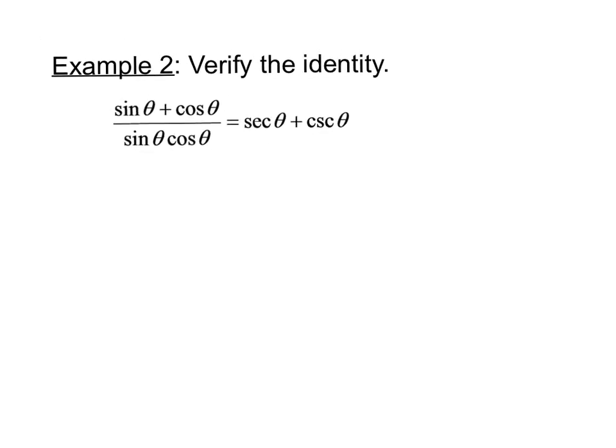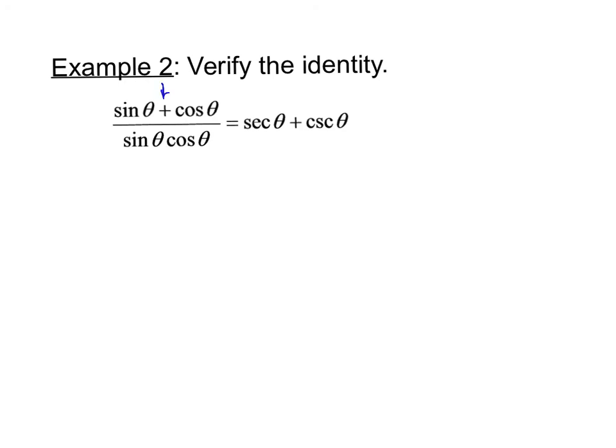So this one is not much of a challenge as you would think it is, just because in about 2 steps, you'll see why. The first thing I'm going to do is split this. So I'm going to go sine of theta over sine theta cosine theta, plus cosine theta over sine theta cosine theta.